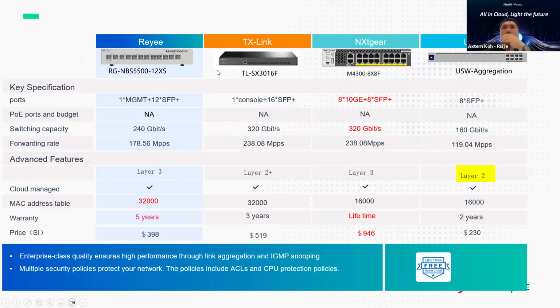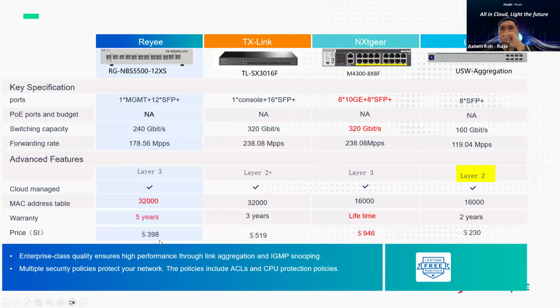Some of them may belong to layer 2 plus or layer 2, but for us it's fully layer 3 switch, and we give a 5 years warranty. This is some of the draft pricing, especially compared with the TP brand and NET brand. We are cheaper than them. Don't compare with the USW aggregation because they only come with 8 ports, but we have 12 ports, more than them.